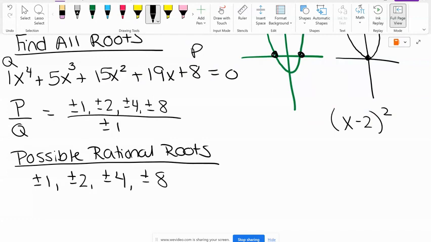All right, next up, what do I now do that I have my list of possible rational roots? We have to start testing to see which ones are actual roots. So how are we going to test to see which ones are actual roots?